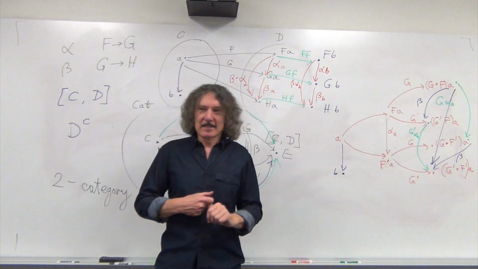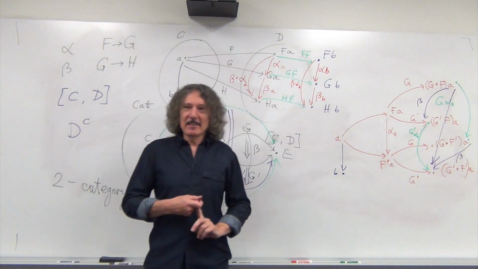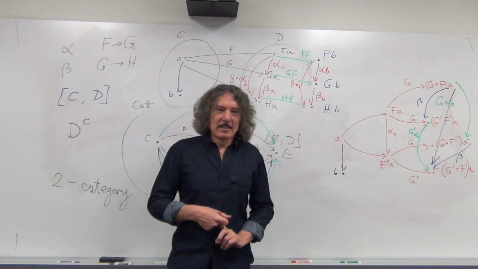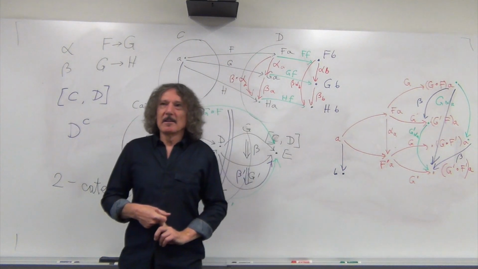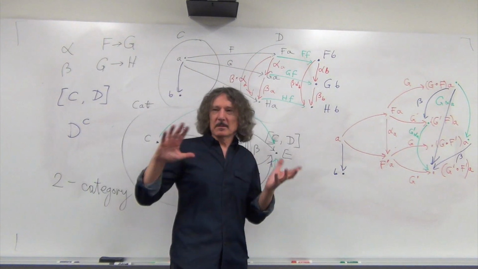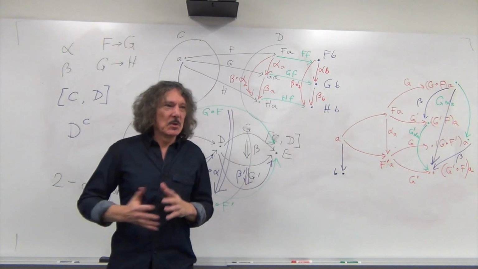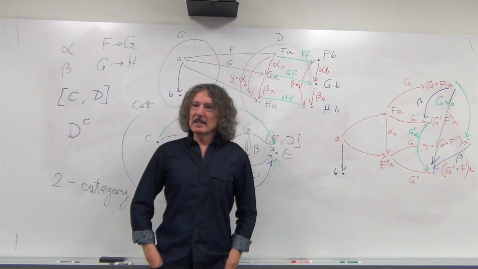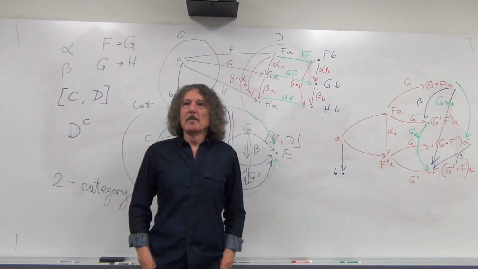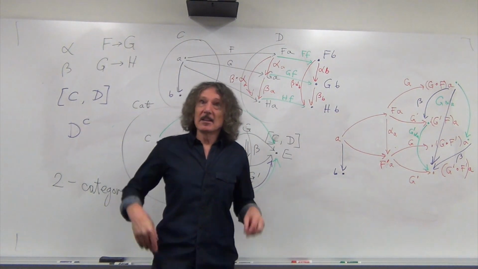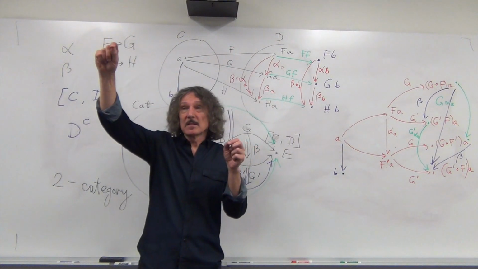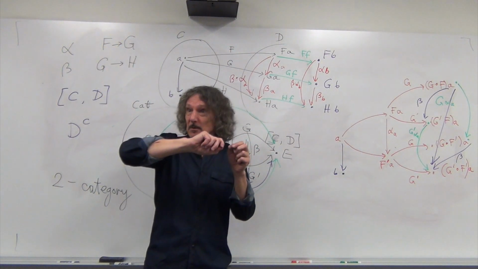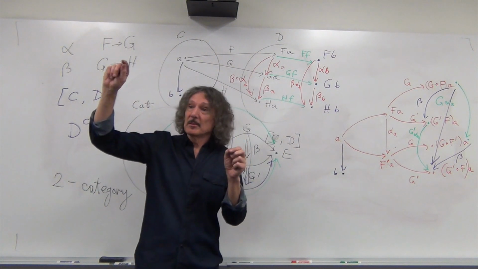The second thing we don't like is equality, right? All these laws that we were talking about, these commuting diagrams, always involved equality of morphisms. If you compose these two morphisms, you get exactly the same morphism as if you compose these two other morphisms.